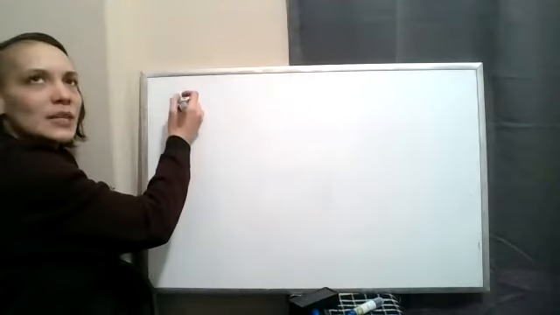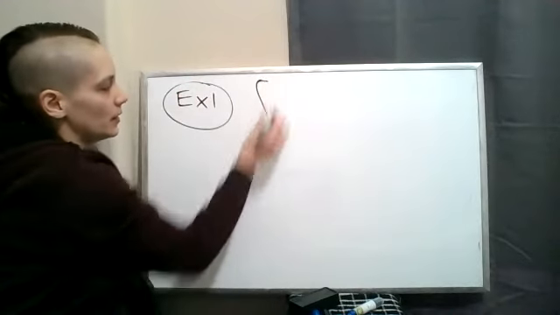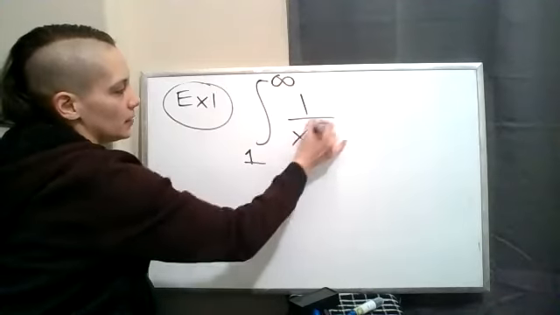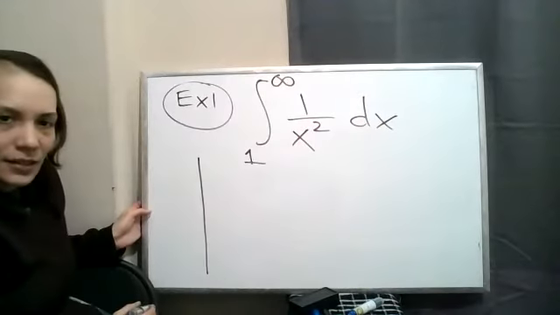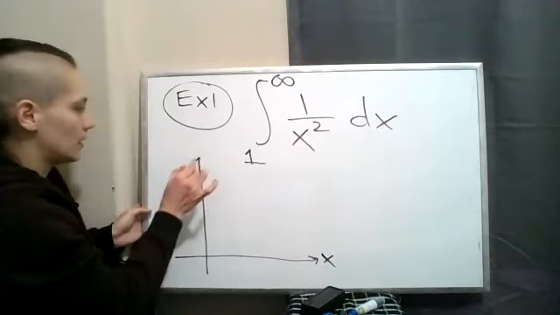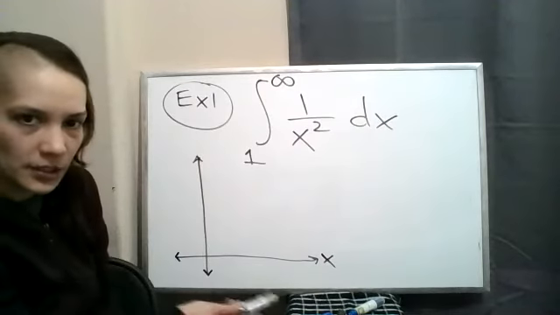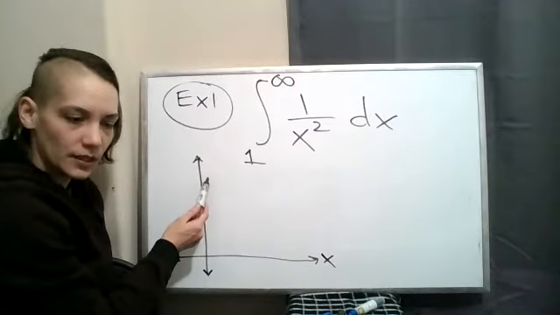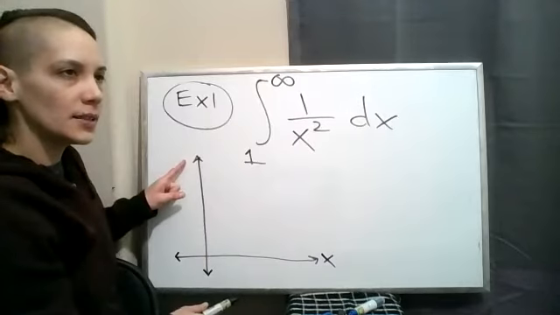So we had example 1, the integral from 1 to infinity of 1 over x squared dx. We started sketching. Our function looks like it comes up close to the vertical axis, but doesn't cross.